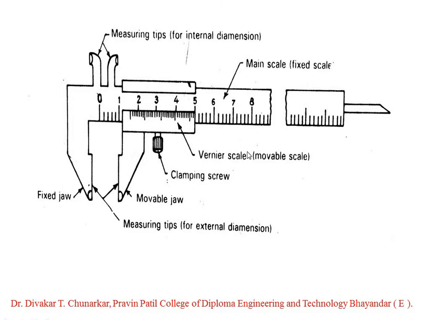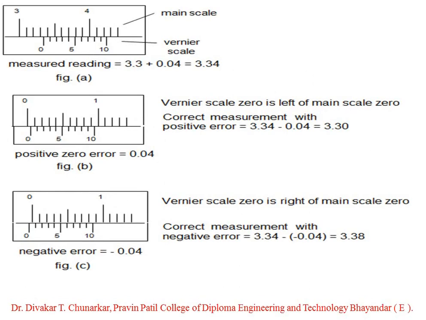So at that time there is positive error. Listen here, suppose this is the main scale and this is the vernier scale. The zero first line goes on the right side of this main scale. So our reading is 3.3, this is completely 3 and 1, 3.1, 3.2, 3.3. This is the main scale reading, and out of these 10 lines, one line is parallel to a main scale line.